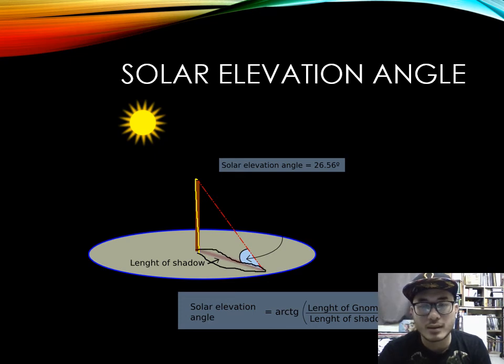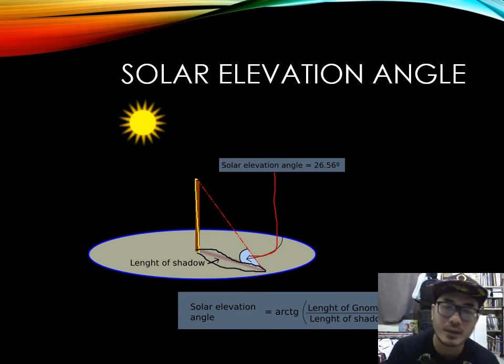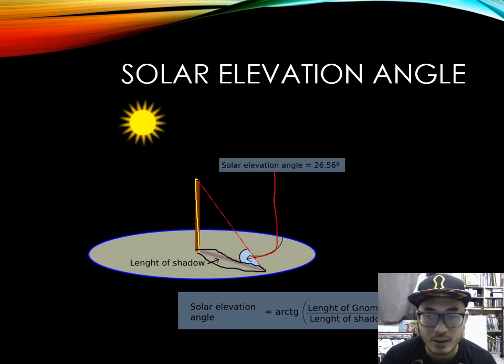With the length of this gnomon, the angle is the point where you get the angle of the sun. For example, here it is shown to be 26.56 degrees. This is quite shallow.